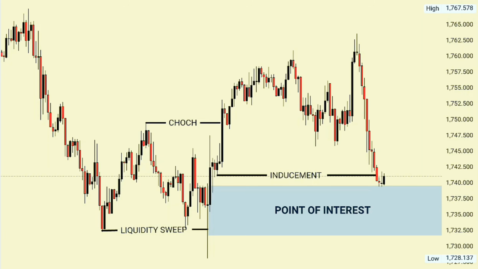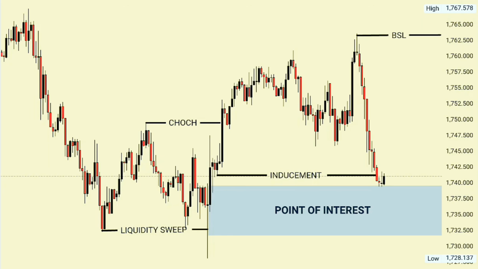This confirms that inducement successfully trapped weak positions. Understanding inducement helps traders avoid entering too early and instead wait for the market to reveal true intent through structure and confirmation.